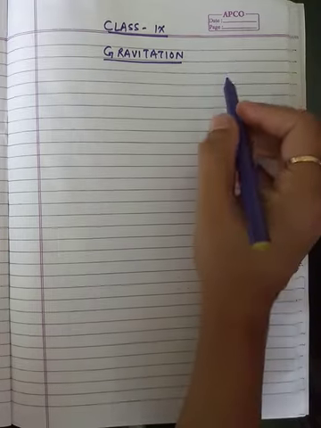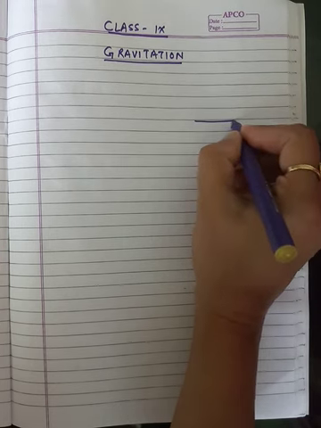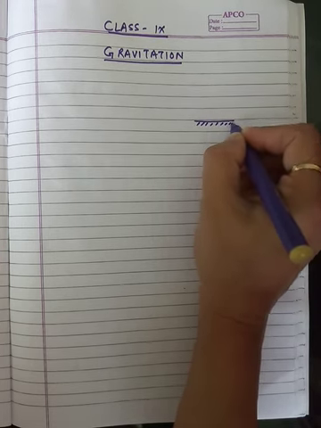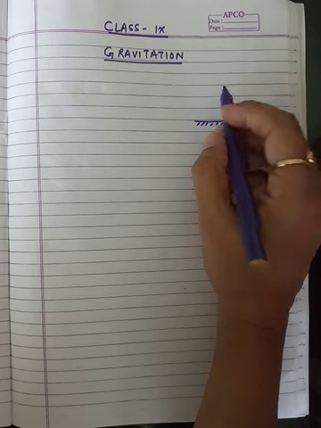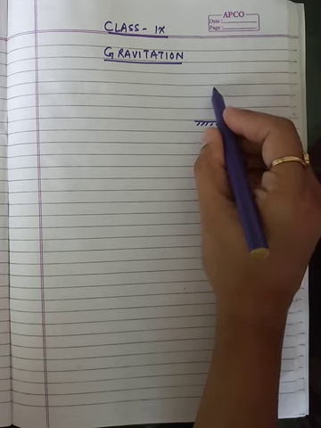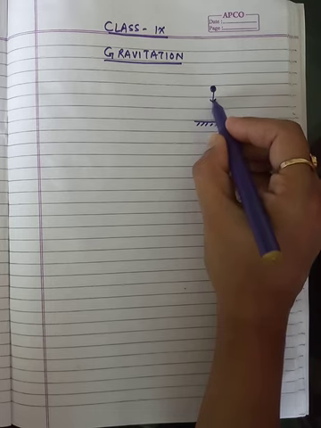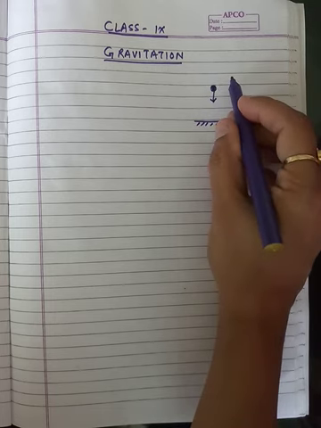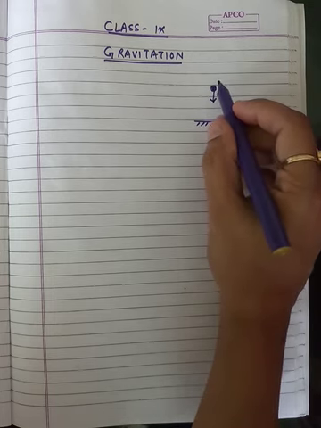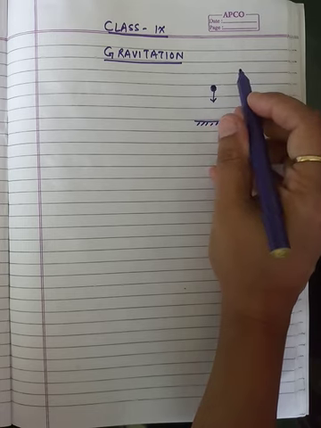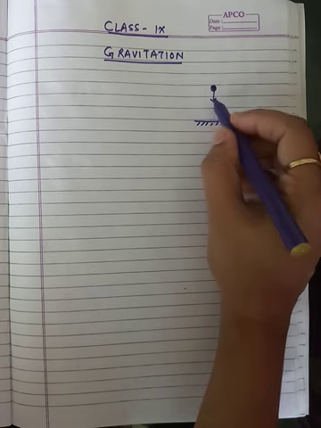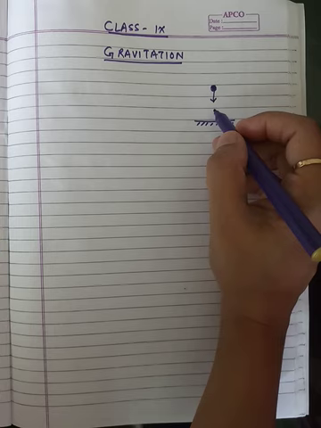So we always observe that an object is dropped from a particular height. Suppose this is the ground, the place where you are standing, and from a particular height you are having a ball and it is falling down. If you make this ball fall, it will fall towards the earth, this we know.